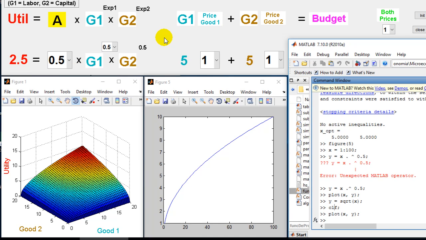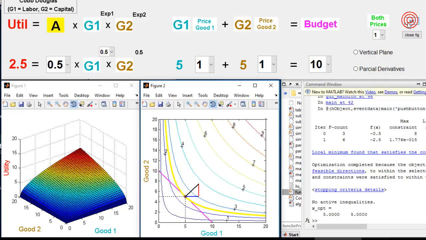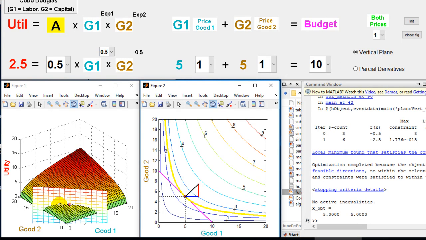Now, if the budget varies, let's start from the beginning and let's see the vertical plane here. If you double the budget, then this line will move to 20, 20, and you will see the plane passing through 20, 20 here, and this value will increase because this wall goes toward this corner. Let's see it.